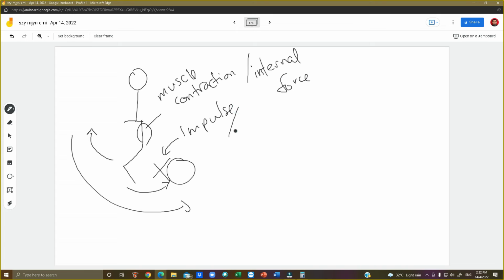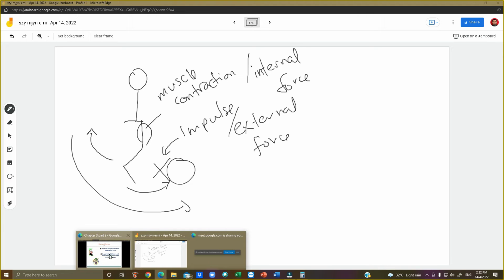This one is known as external force, means impulse, external force. It means that it is a type of force which you are going to have based on collision. Means it is transferred from one another to impulse. So impulse is external. Muscle contraction is internal. Okay, tu asas dia.